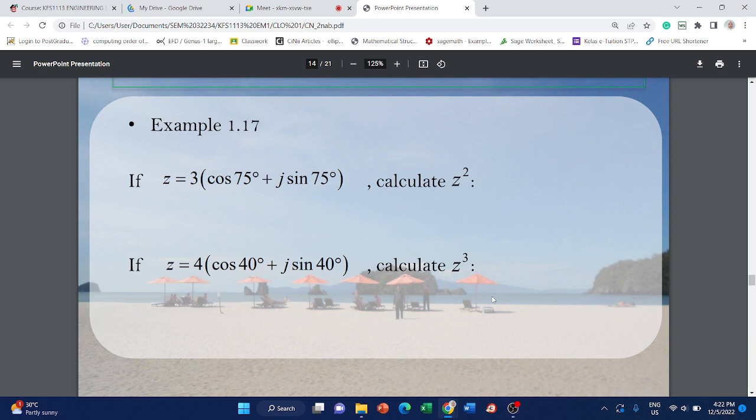Let's say n is a counting number, for example 2, 3, 4, not a decimal. If n is 0.5 or 0.3, you cannot use De Moivre's theorem. The condition is that the value starts from 2, 3, 4, and so on.